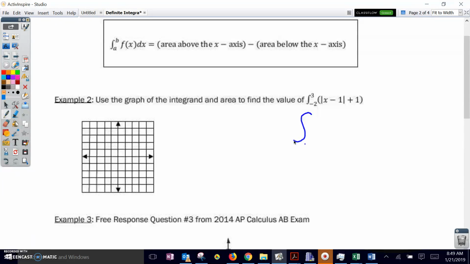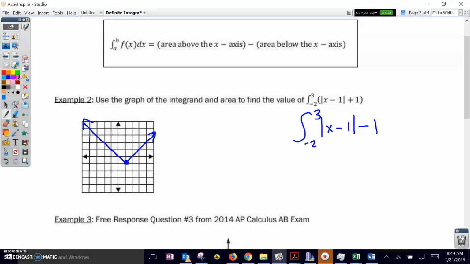We're actually going to find the integral from -2 to 3 of the absolute value of x minus 1, minus 1, which has its vertex at 1, -1. Because this is more of an illustration of what we're talking about in this context.